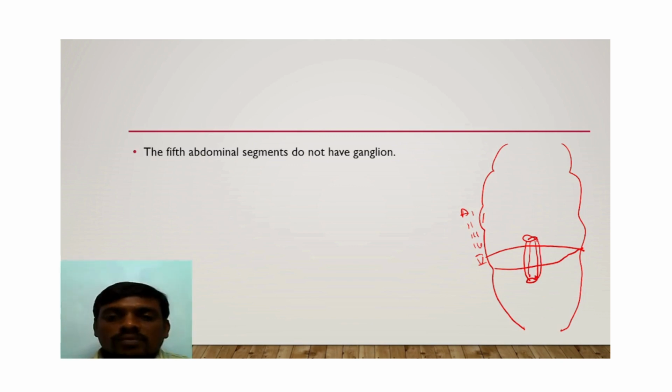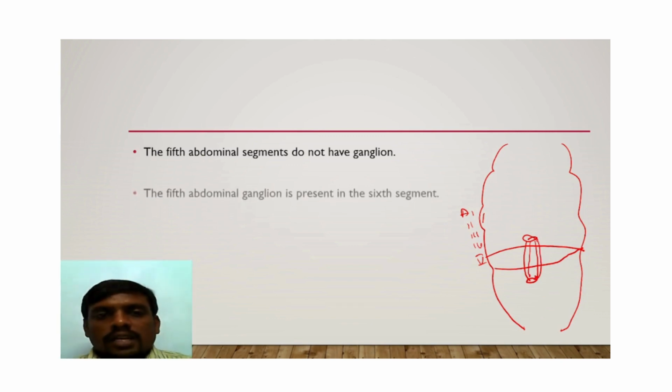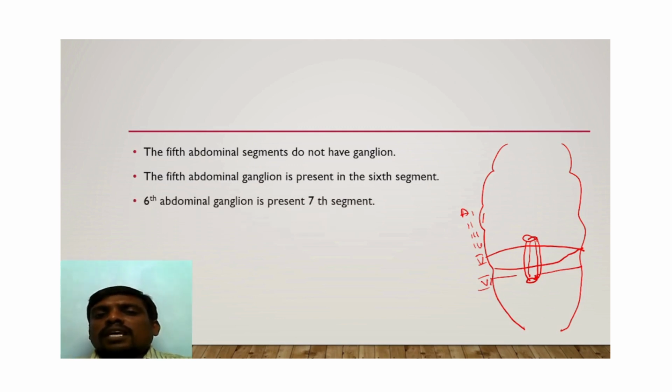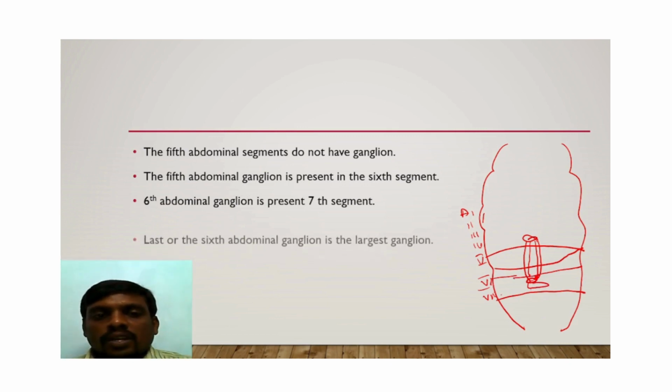The 5th abdominal ganglion is present in the 6th abdominal segment, exactly in this location. Now the 6th abdominal ganglion is present in the 7th abdominal segment.